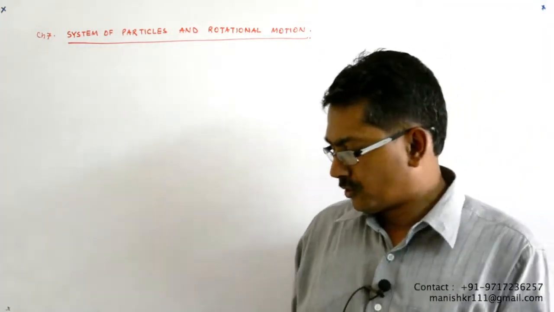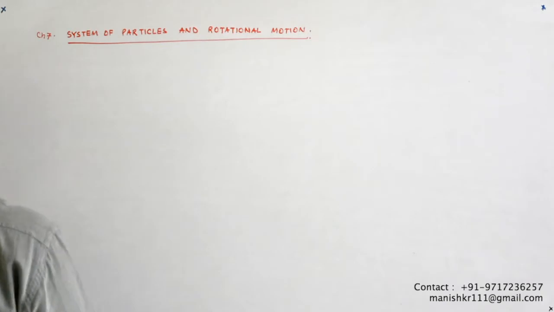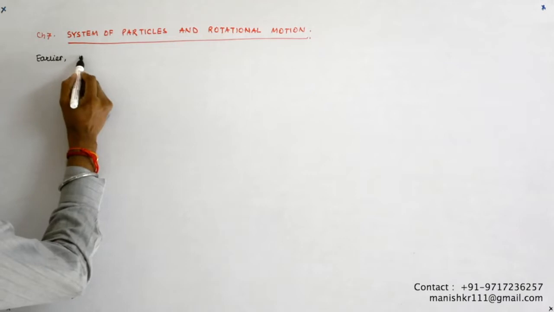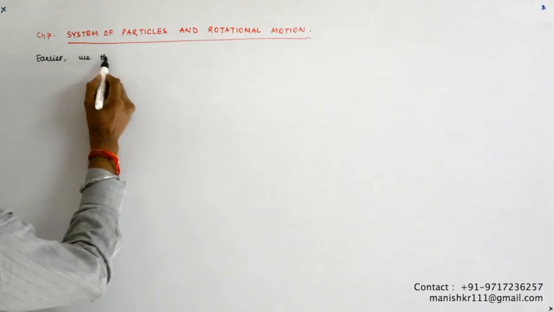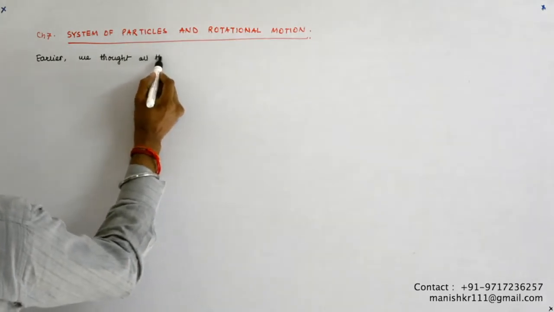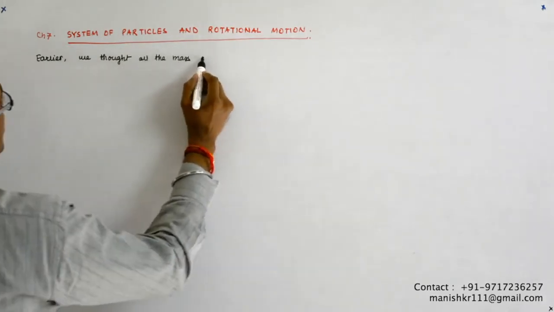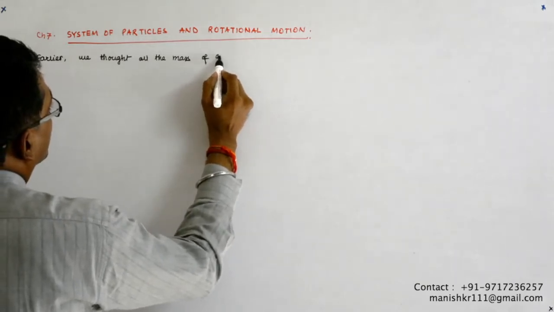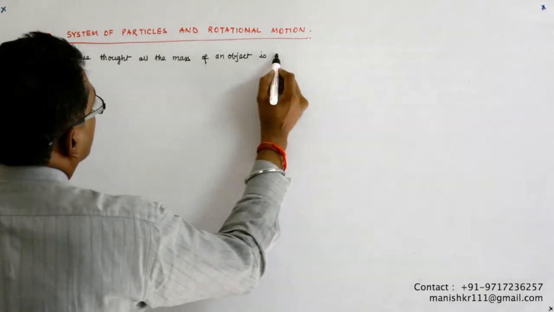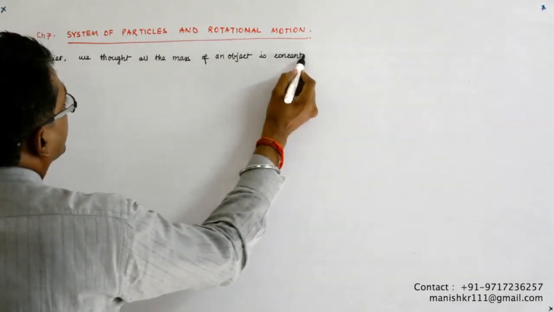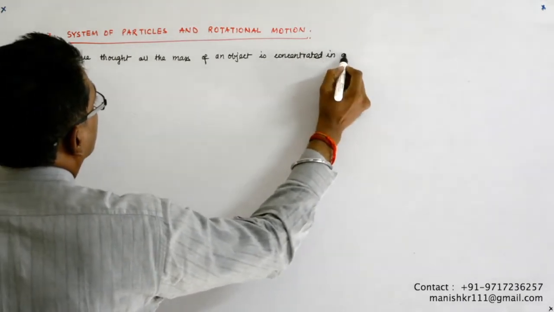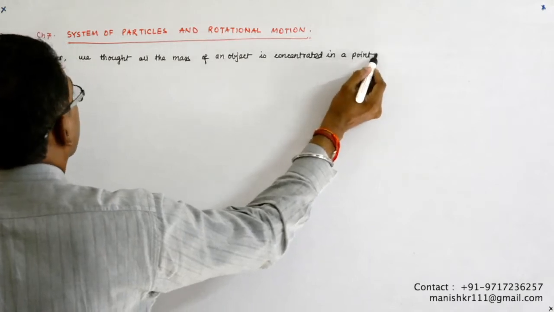So what has happened from the point mass? Earlier we thought all the mass of an object is concentrated in a point.